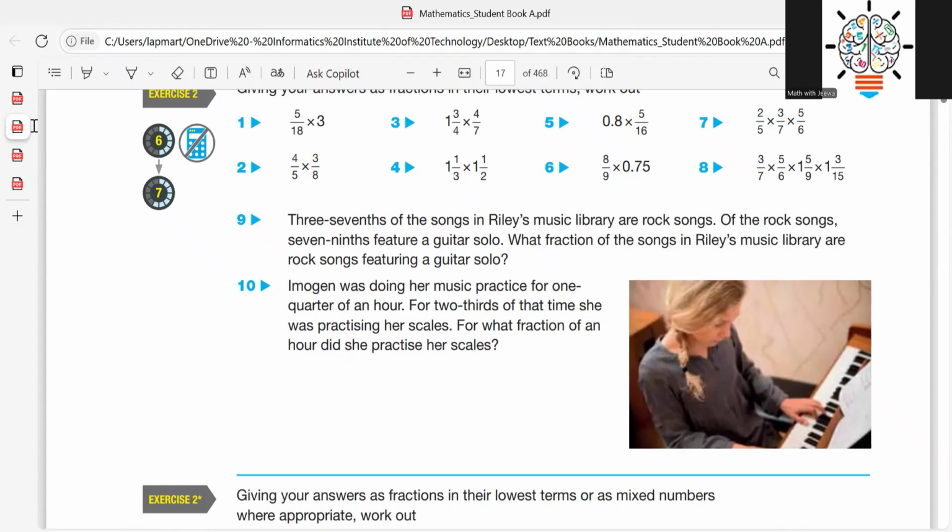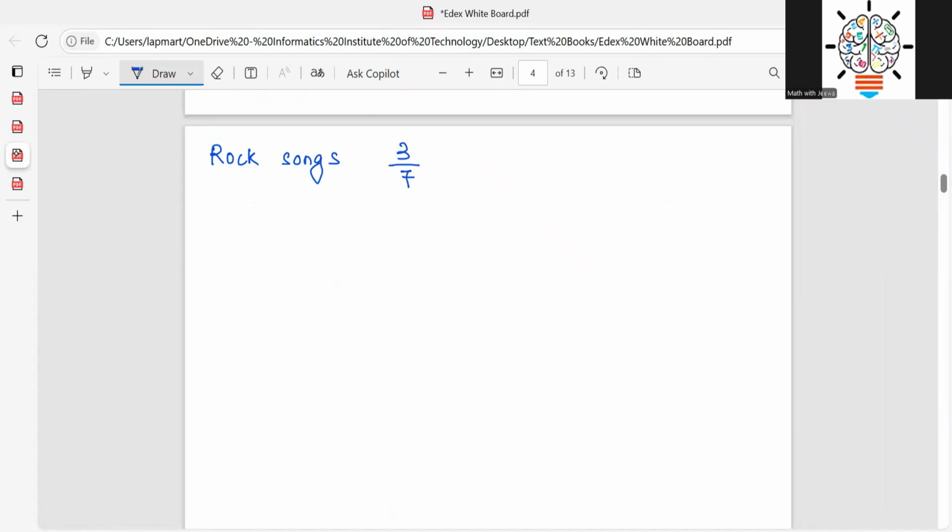Out of these rock songs, 7/9 features a guitar solo. See what I'm doing, children. When you have something like this, out of this, you have something with guitar solo. What is that? It is 7/9, right?